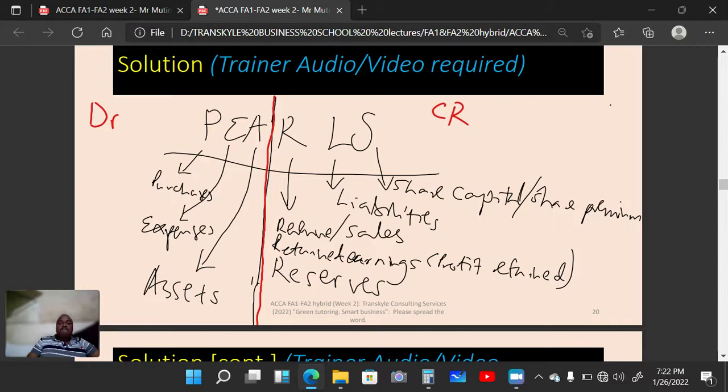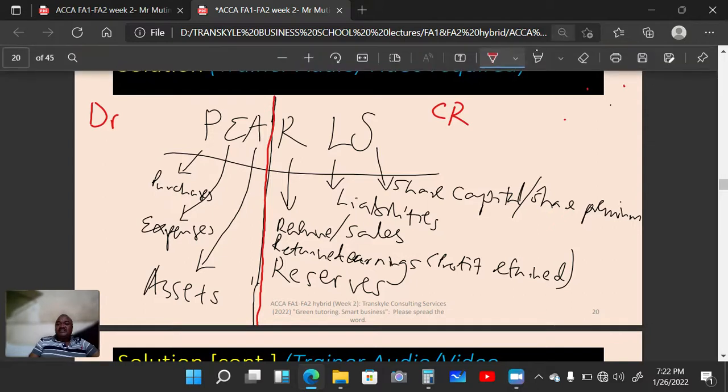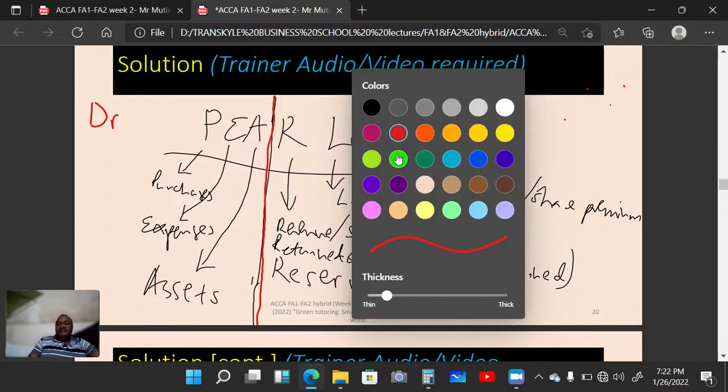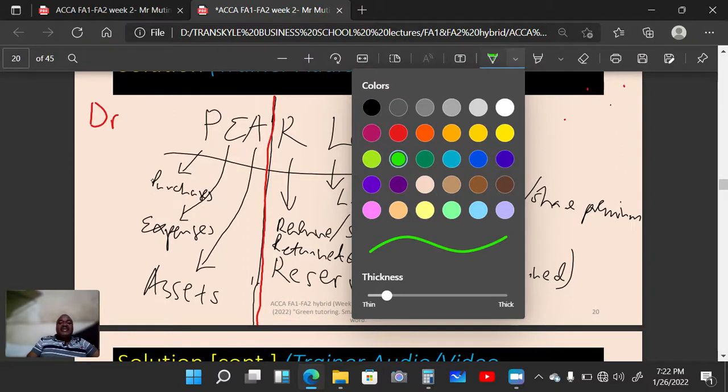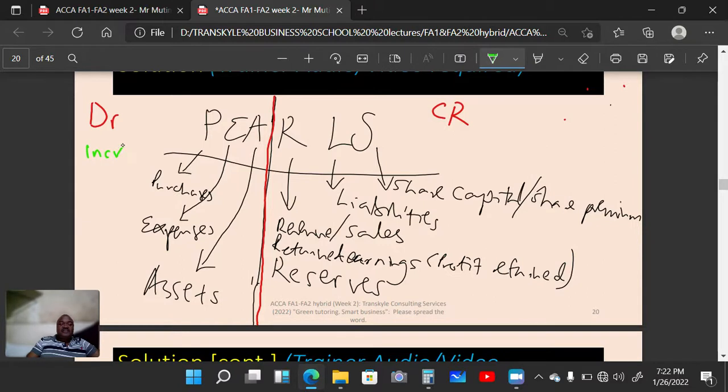Now, these guys where I've indicated the debit are increased by debiting. For example, purchases.